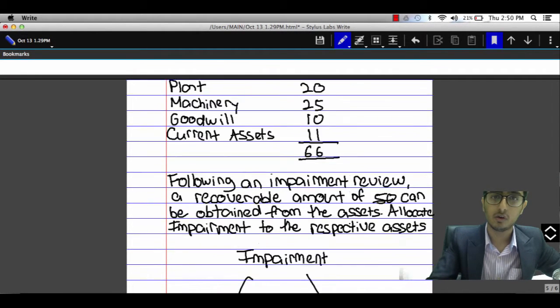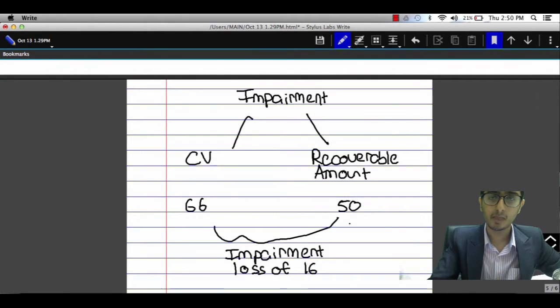Now, when it comes to cash generating units, we calculate impairment with the following method: carrying value and recoverable amount. We compare these two. Now, we can see here the carrying value is greater than the recoverable amount. This is an indication of an impairment loss of 16.